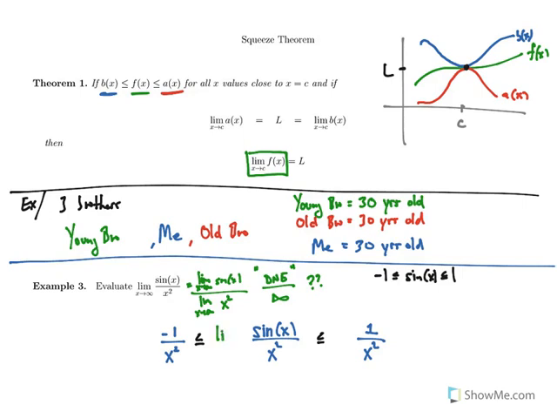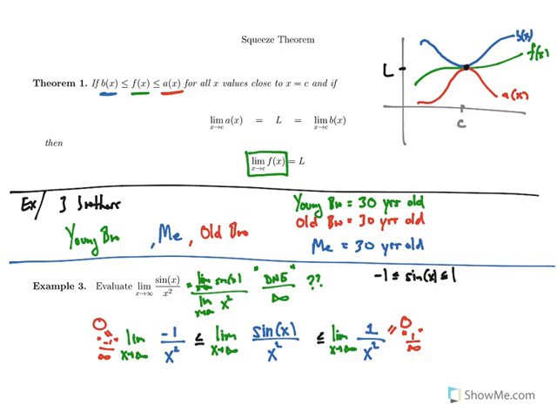Then I'm going to take the limit of each of these parts of the inequality, and the limit that we have for these two end ones are both going to be equal to 0. That's because we have 1 over infinity, or -1 over infinity, in both cases, which we said is just equal to 0.